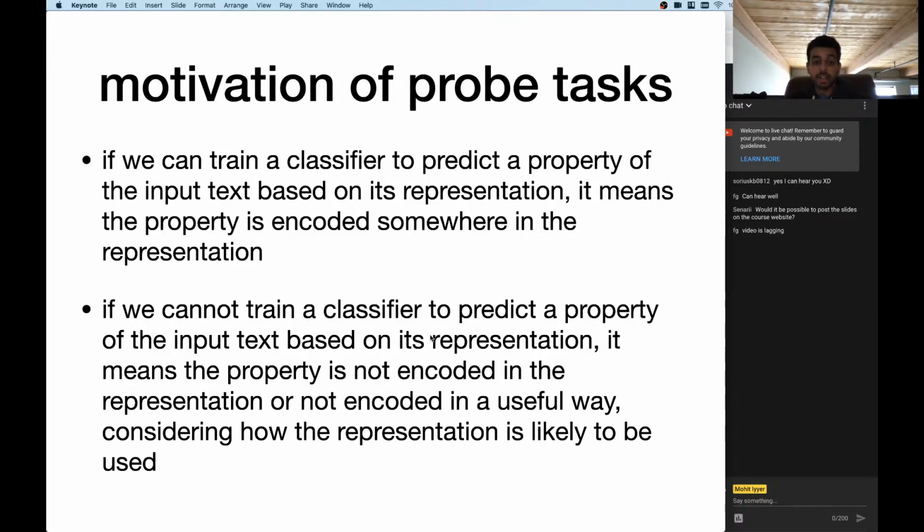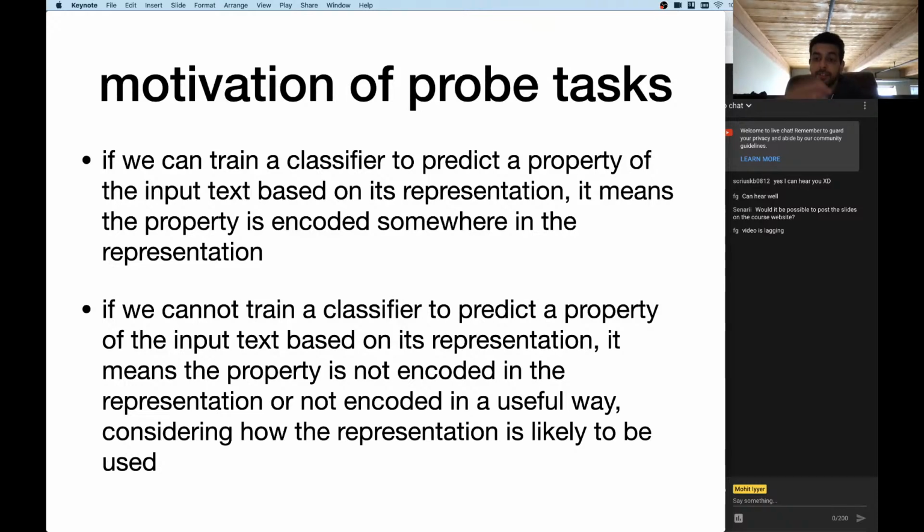However, if we cannot, so if the classifier struggles to predict whatever property we are interested in, then the property is either not encoded in the representation at all, or it's not encoded in a useful way, where useful is kind of a comment on the relationship between the complexity of the probe network and the task.